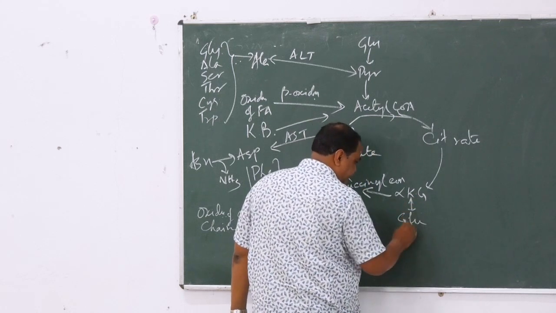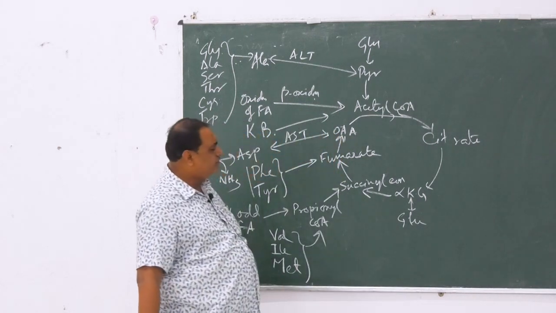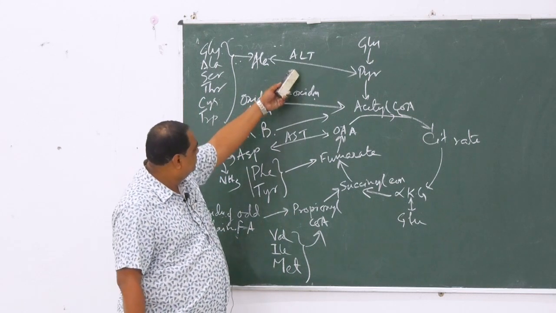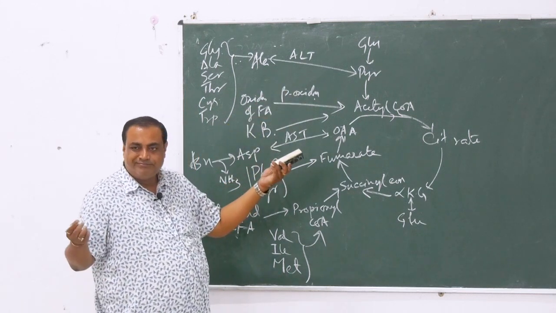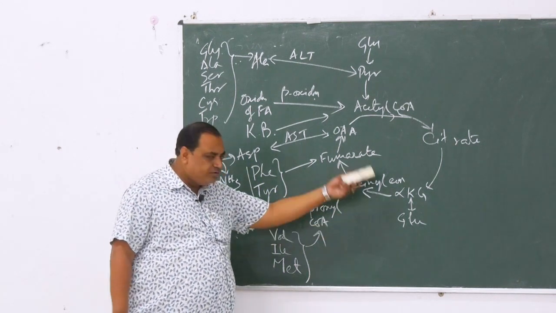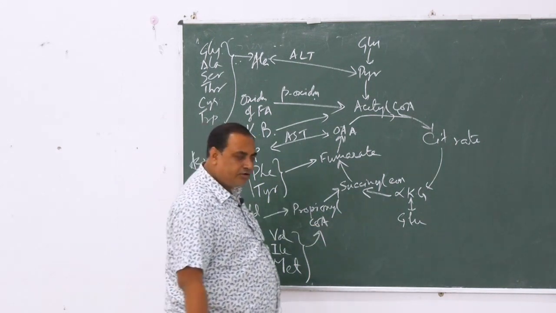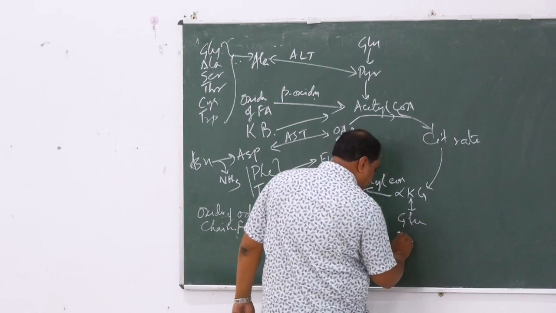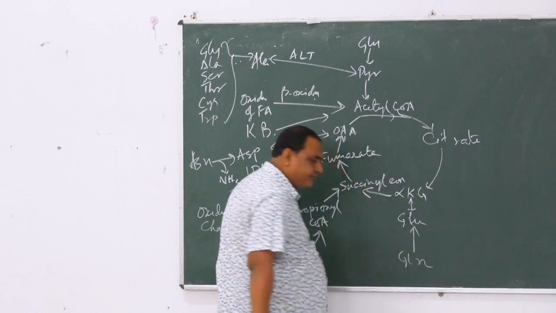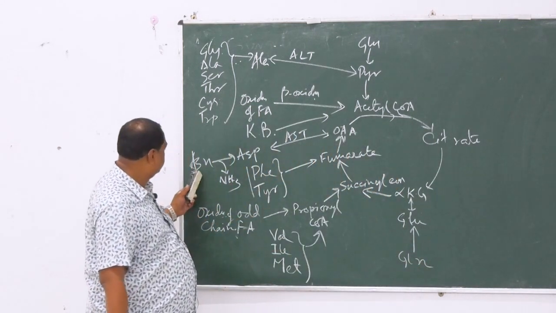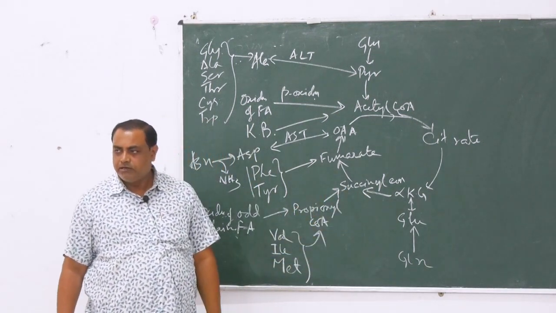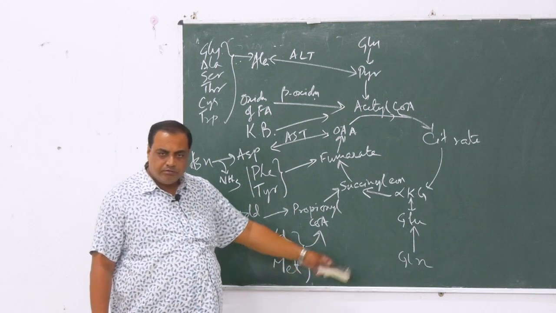Glutamate to alpha ketoglutarate. What is the enzyme here? Both can be used for conversion of glutamate to alpha ketoglutarate by transamination. And can glutamate be produced from glutamine? Right?